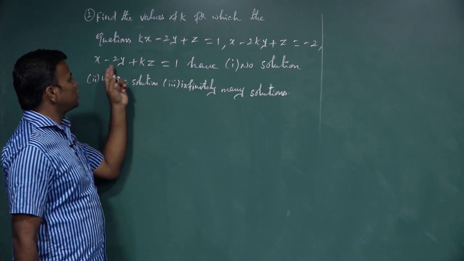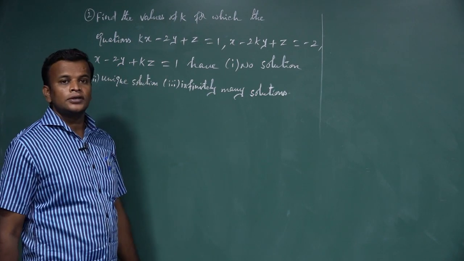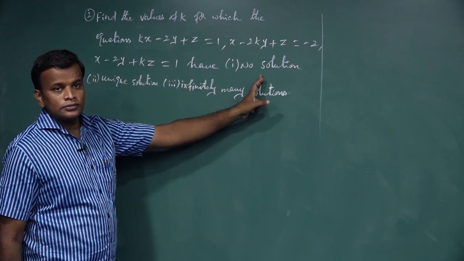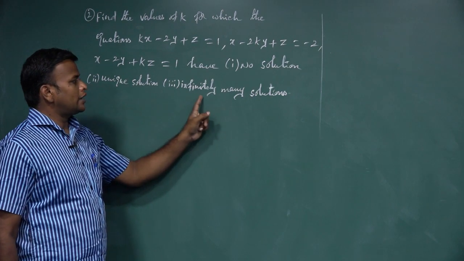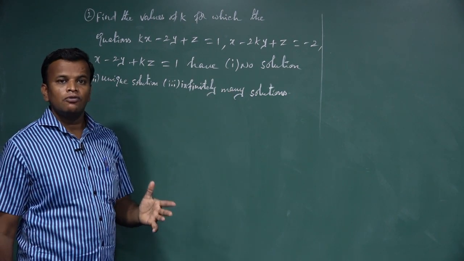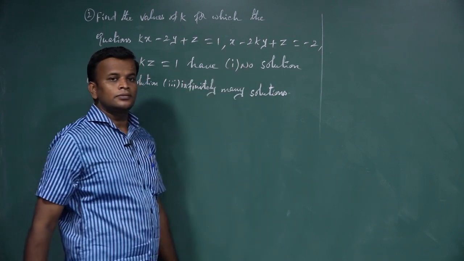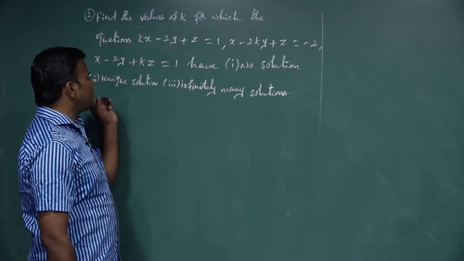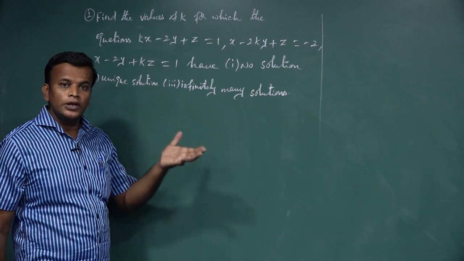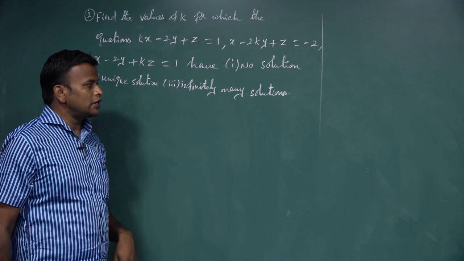And the third one, x minus 2y plus kz is equal to 1. We need to find k for which the system has no solution, unique solution and infinitely many solutions. That means we find for which value of k the system has no solution, and for which value of k it has a unique solution or infinitely many solutions.